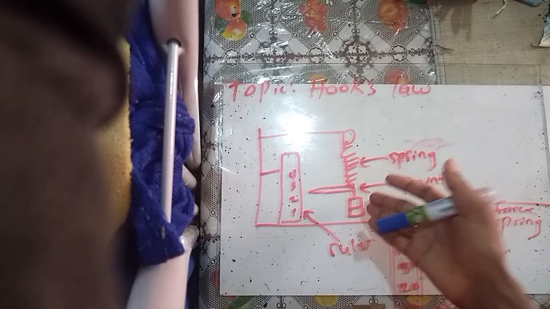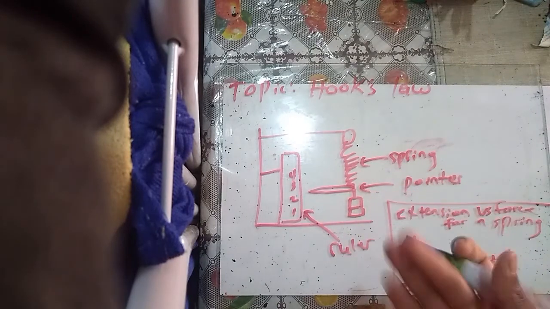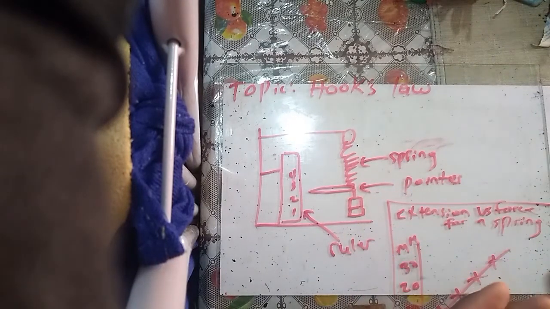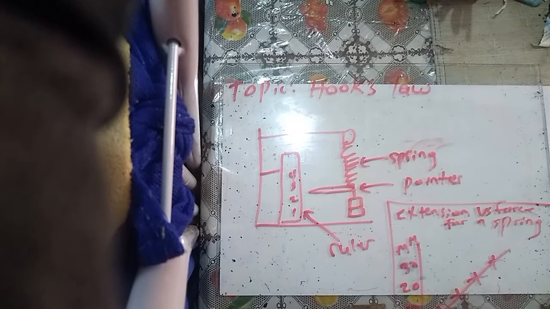Then we have our results of extension, which is the measured distance in centimeters or millimeters that the spring stretches, and we know the force we attach each time. So the 20 Newton force, how far did it make the spring stretch? The 40 Newton force, how far did it make the spring stretch? And we continue on.